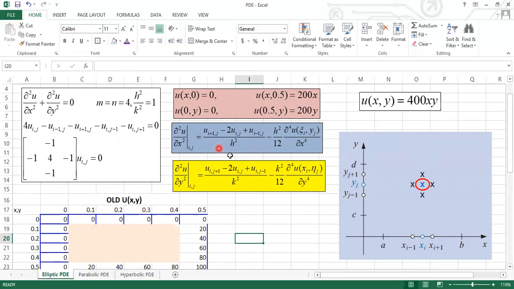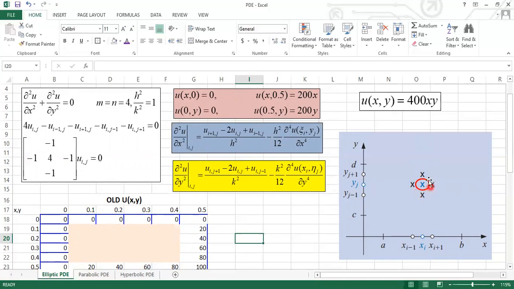Therefore, you can see the derivative definition: u(i+1,j) minus 2u(i,j) plus u(i-1,j) over h squared, where h is the step size in the x direction. We have the corresponding error term, which should be evaluated if possible by keeping y fixed. However, it should be the variation of the function to the fourth order in x. So this is the definition for partial squared u over partial x squared at point x(i,j).